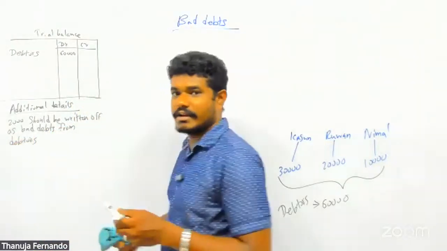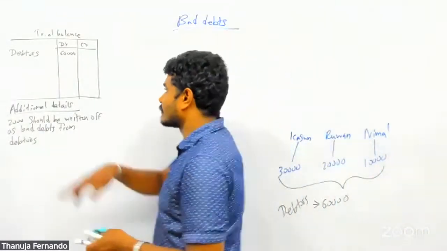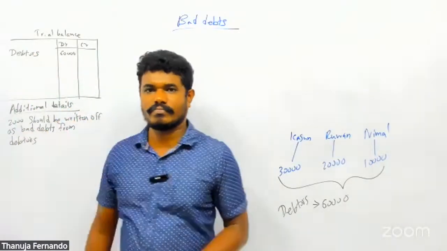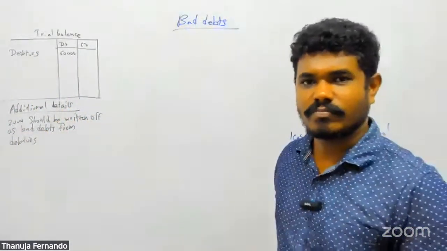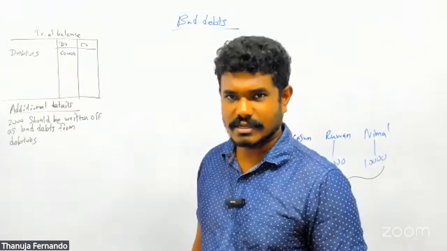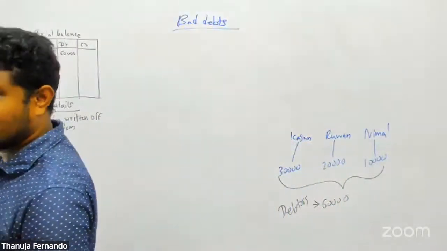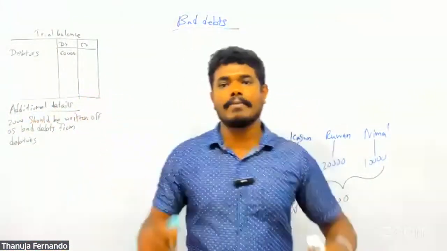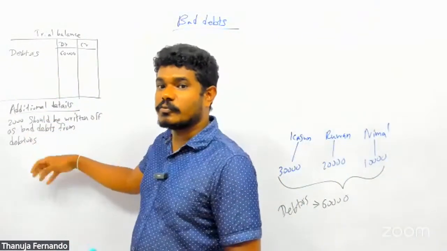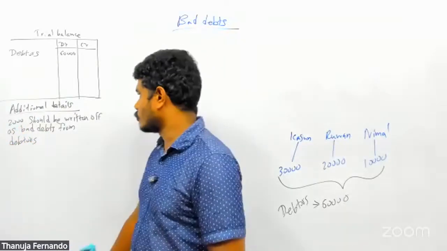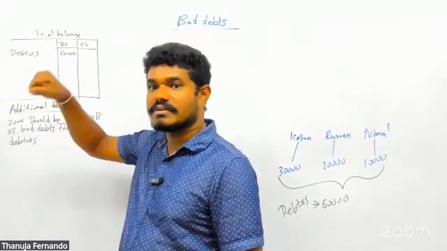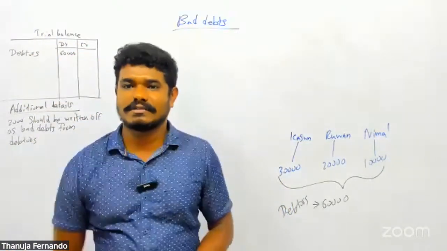So what are the things we record in the trial balance? The things we have already done, the things already happened. Then there are the things we have to do additionally. So here, debtors 60,000 means there are already 60,000 worth of debtors in our business.